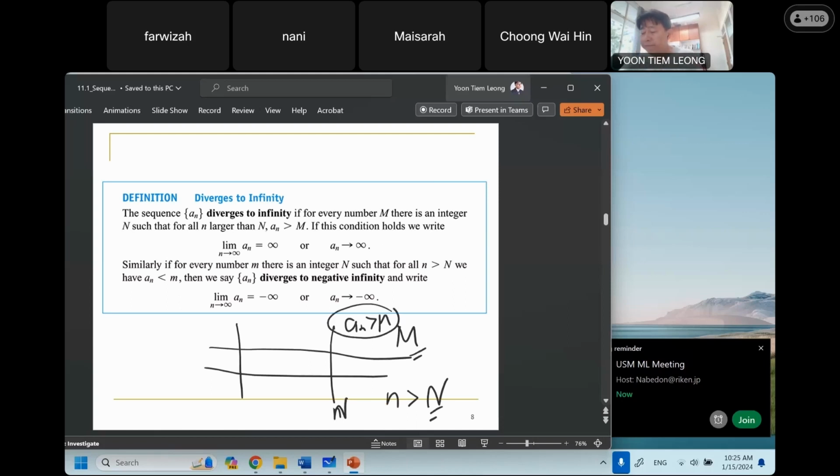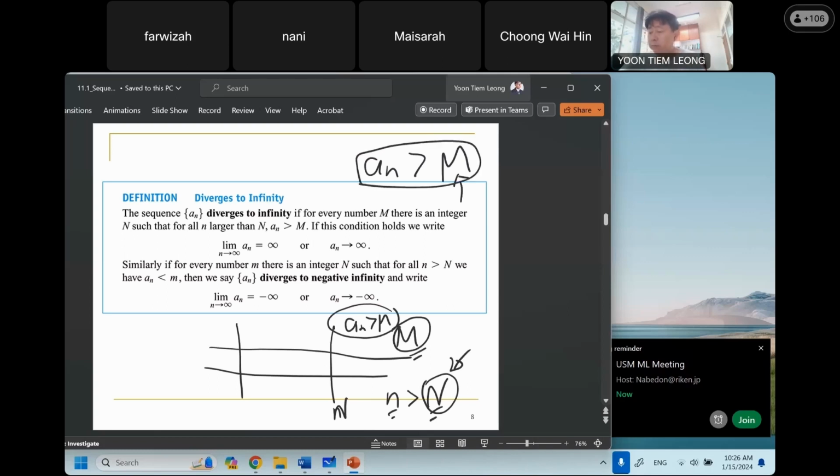So that is the definition of the divergence of a sequence to infinity. Let me repeat it again. The divergence of a sequence to infinity means whenever a positive number M is given, you can always find a capital N such that whenever the small n, or the index n, is larger than N, the value of the sequence a_n is always larger than M. Whatever M you give, you can always find the existence of the capital N in which this statement is true.